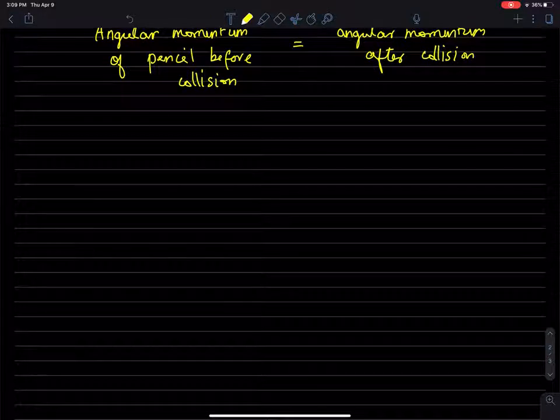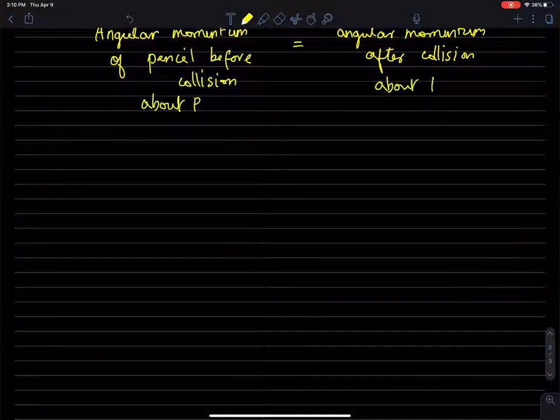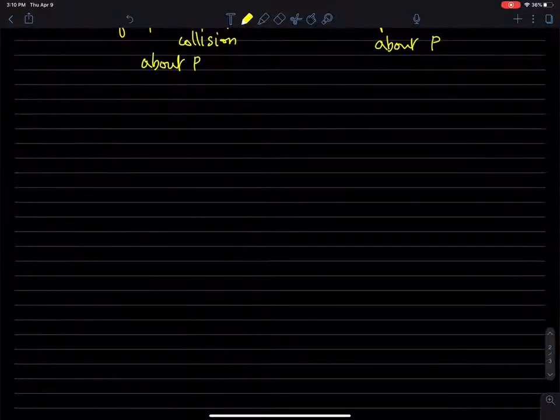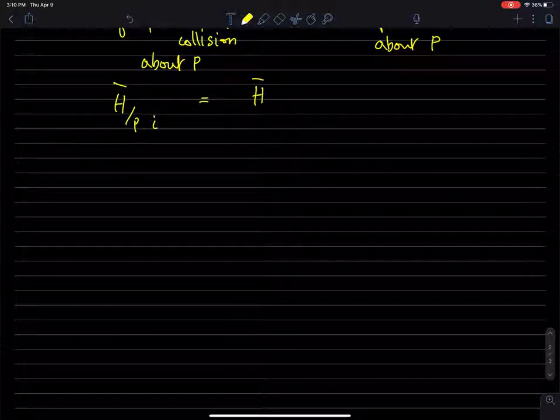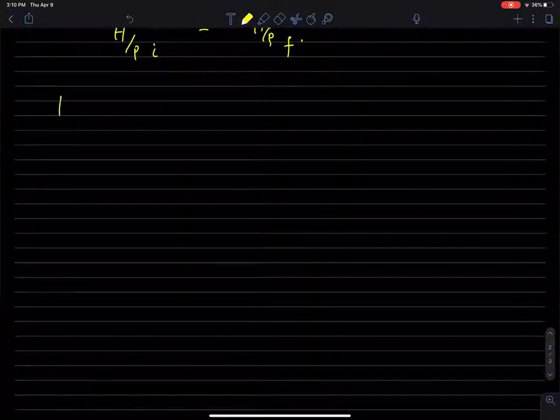We use the notation H. So just to be clear, this is about point P. It's only true about point P. So we're going to say H, the angular momentum about point P initial, equals H about point P final. What is H about point P initial?